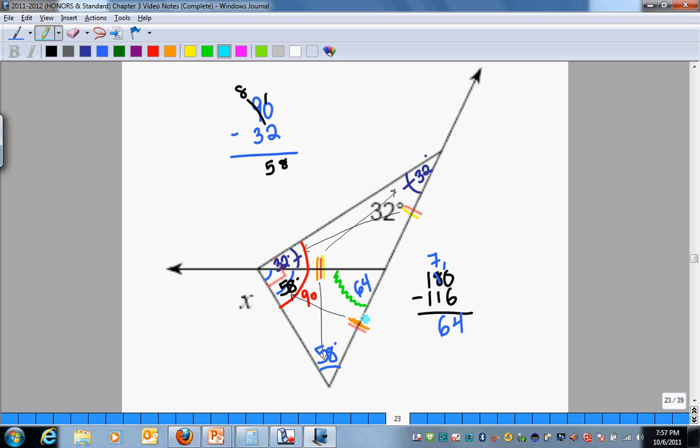I'd like you to take your pencil and sweep the linear pair. That's going to add up to 180, so we can do 180 minus 64, and again we get 116, so right here is going to be 116.